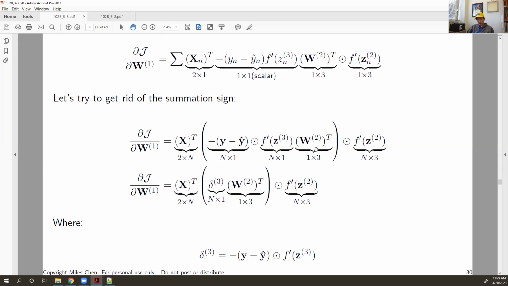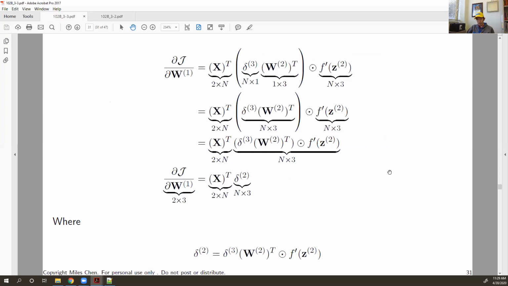I have to multiply this over here first to make it an n by 3 before I can do element-wise multiplication. So you have to pay attention to the dimensions, ask yourself where you want to be headed, and try to move your elements in a way that works out that way.